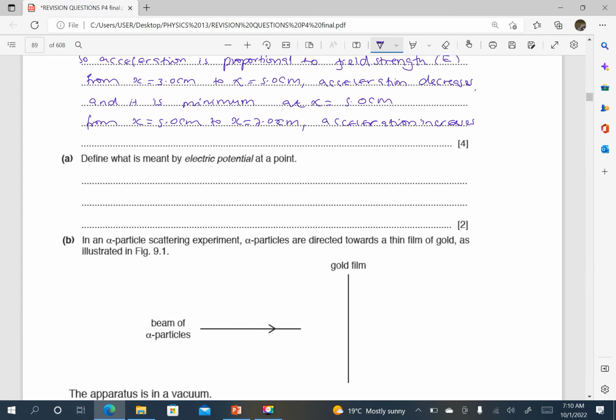Define what is meant by electric potential at a point. We know that electric potential is the work done per unit charge in moving a positive charge from infinity to the point.